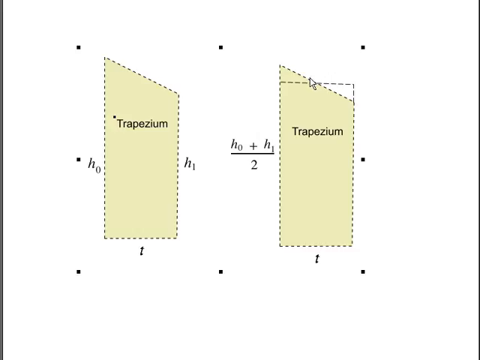So simply multiplying the h0 plus h1 divided by 2 height, that's this one illustrated on the screen, by the time, I will get a very good approximation to the area of this part of the curve.